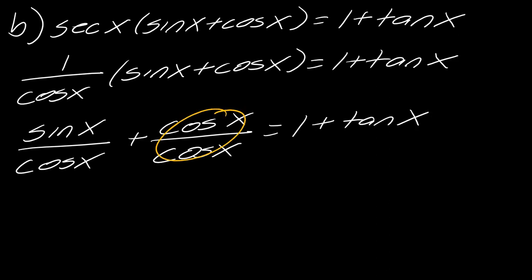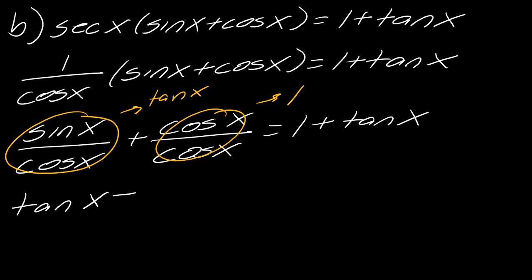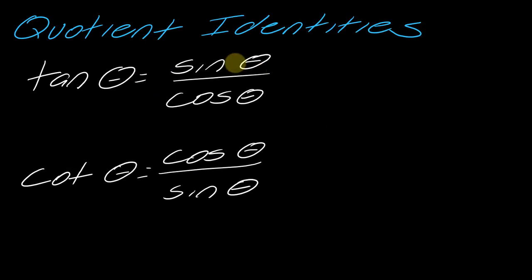Now, of course, this goes to 1, and this is equal to tangent of x. So then I've got tangent of x plus 1 equals 1 plus tangent of x. And so now we have shown and verified that these are equal to one another. Just to remind you, I used the quotient identity, tangent of theta is equal to sine of theta over cosine of theta. So that's what I used to help me get through this one.